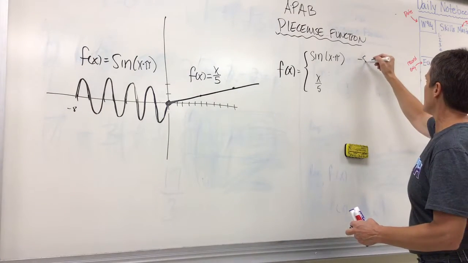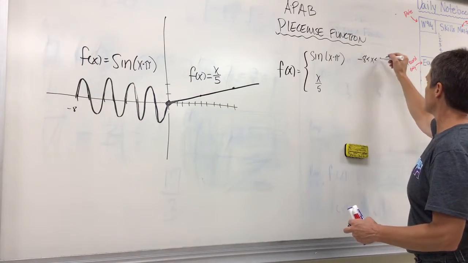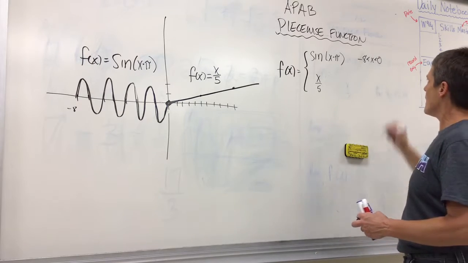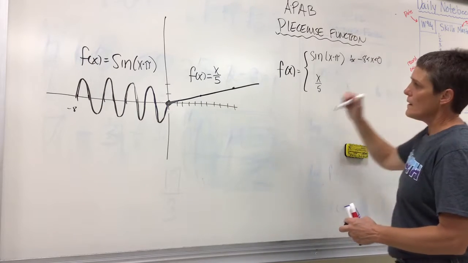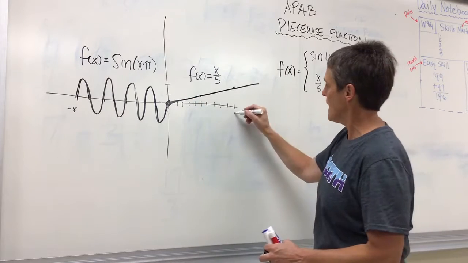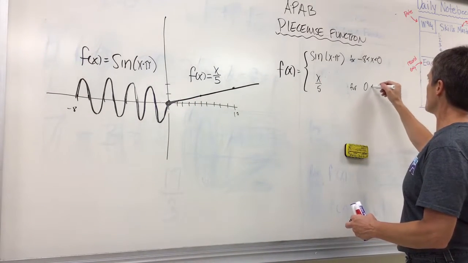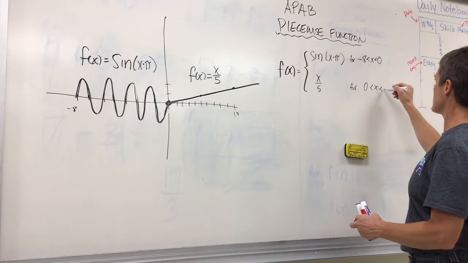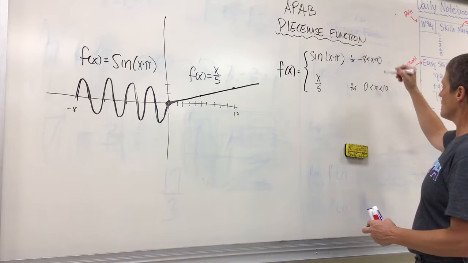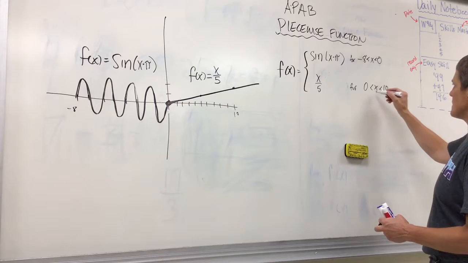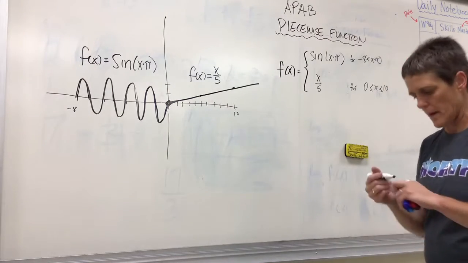So -8 less than x less than 0. And the linear function is from 0 to 10. So this is for 0 less than x less than 10. I think maybe there might be some equal signs here, but it really doesn't matter.